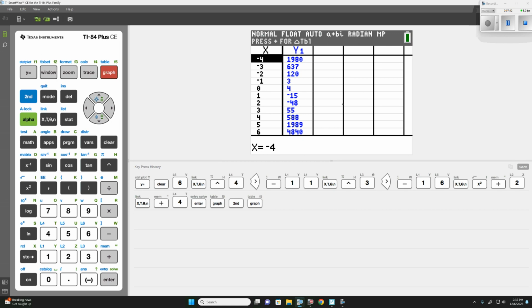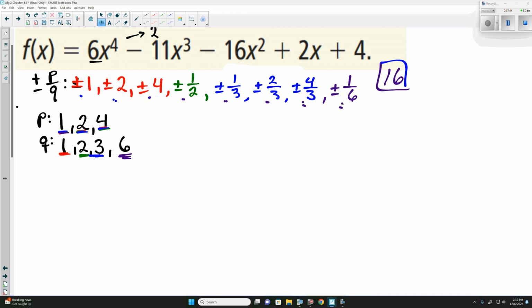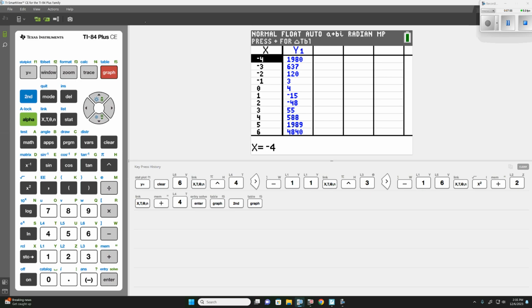No. So, well, those are all gone. So when we typed it in and did second graph, we looked at the table. Because if it's a solution, the y value must be 0. At -4, the y value is not 0. At -2, the y value is not 0. At -1, the y.